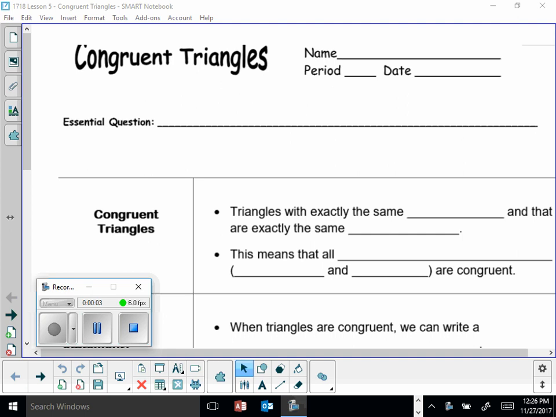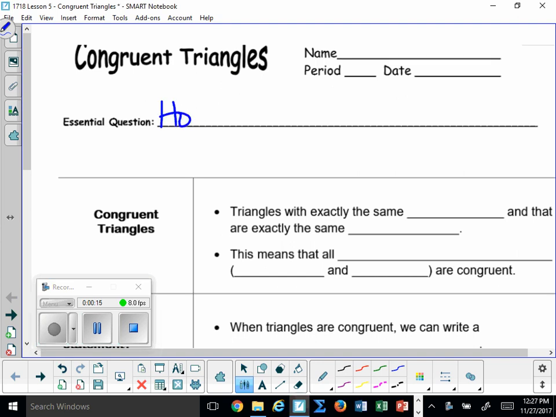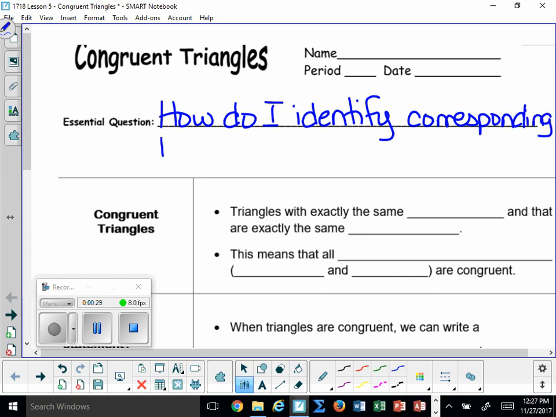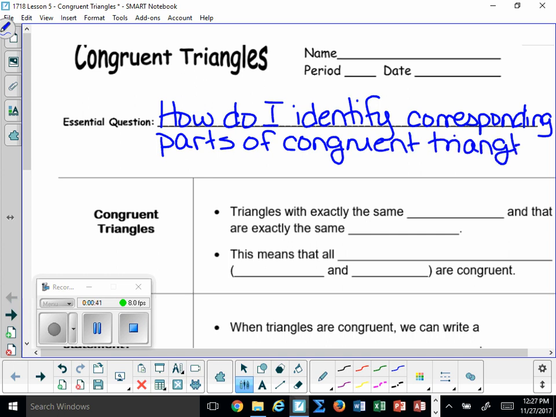Now that we finished the basics for Unit 4, on Unit 5 on congruent triangles, we're going to move into congruent triangles themselves. Our essential question today is, how do I identify corresponding parts of congruent triangles and write congruency statements?